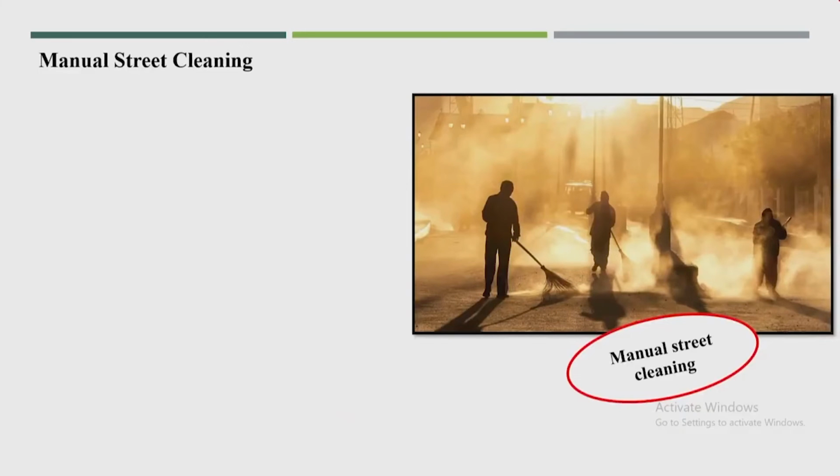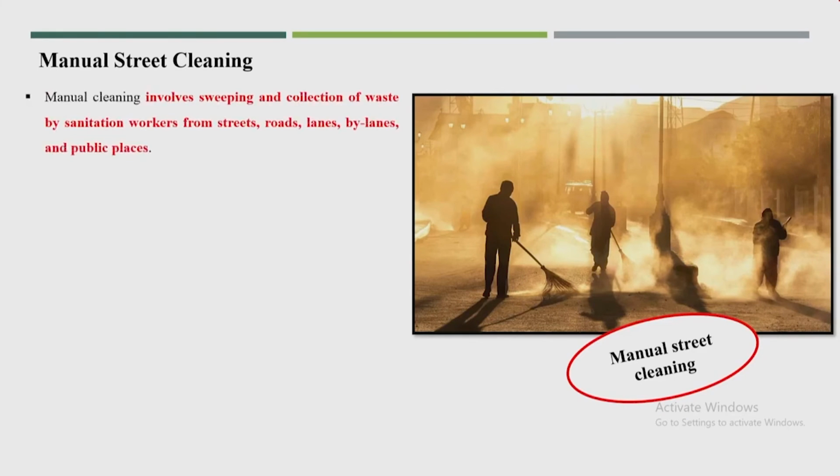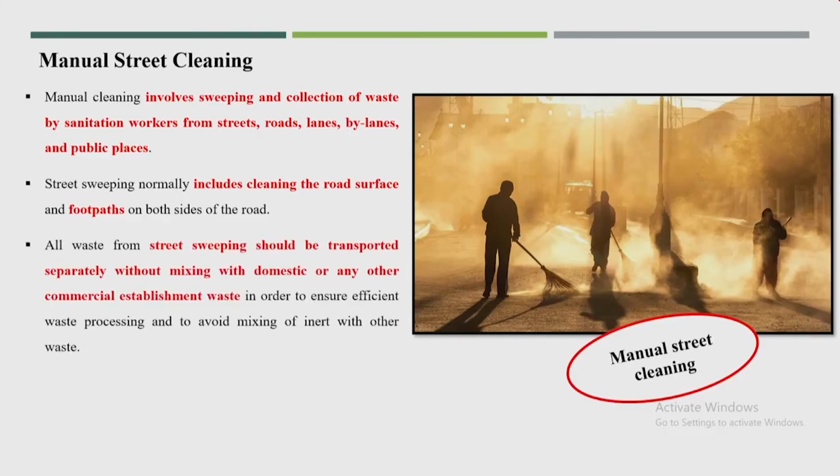Here you will see manual street sweeping in the early morning. Manual cleaning involves sweeping and collection of waste by sanitation workers from the streets, roads and lanes. This includes cleaning of the road surface and footpaths on both sides of the road.